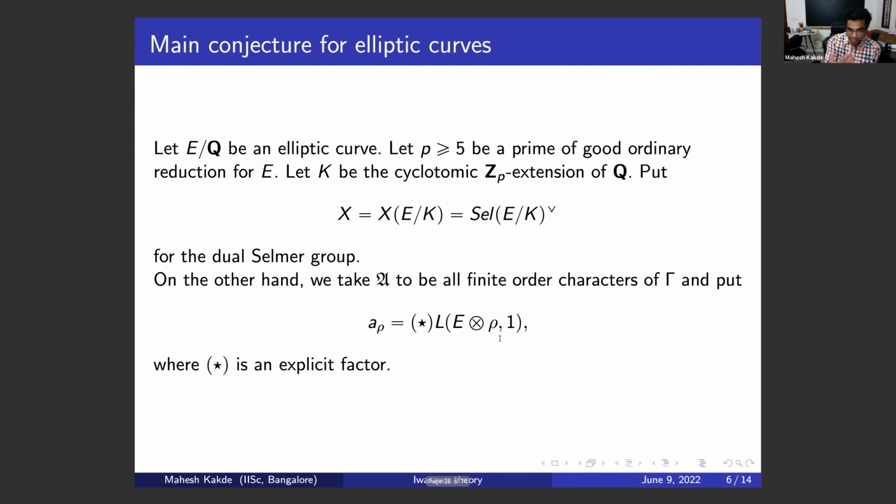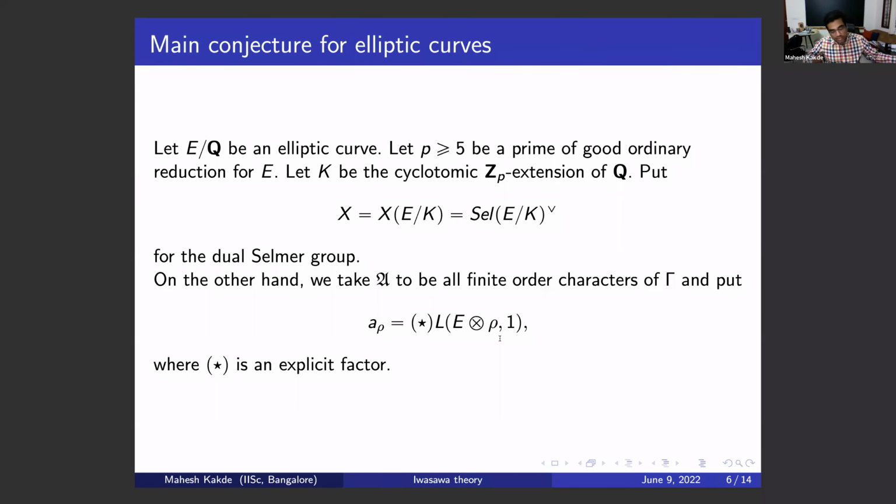So, but anyway, these are the objects that one relates using the main conjecture of Iwasawa theory for elliptic curves, and a lot of progress has been made on this particular main conjecture thanks to Kato and Skinner, Urban, and so on. So, in most cases, we know this main conjecture to be true. They have some technical hypotheses on various things, but I believe for p bigger than or equal to 5, it's almost known. So yeah, all right. So that's the second example of a main conjecture.